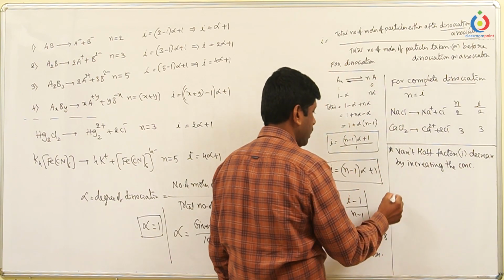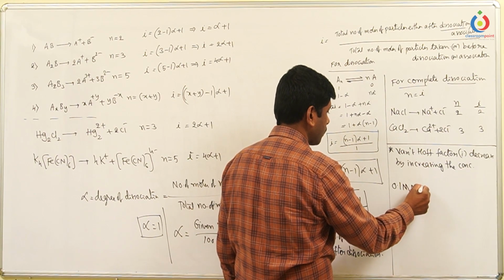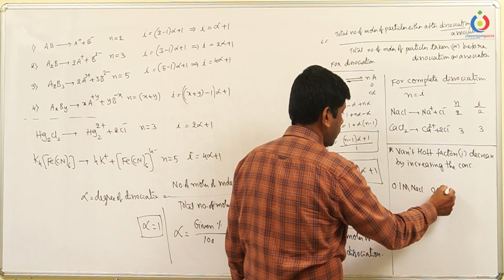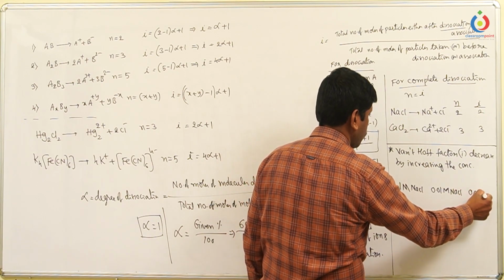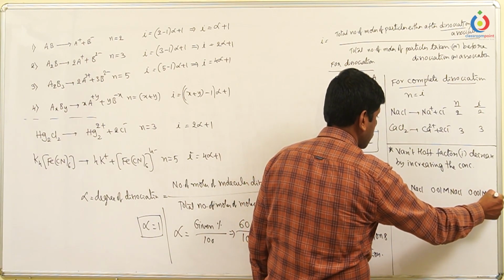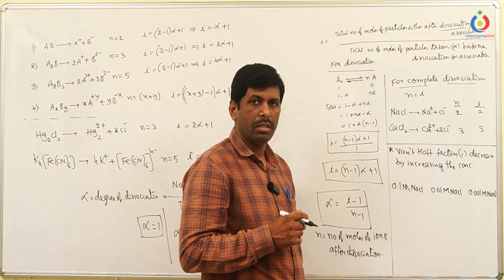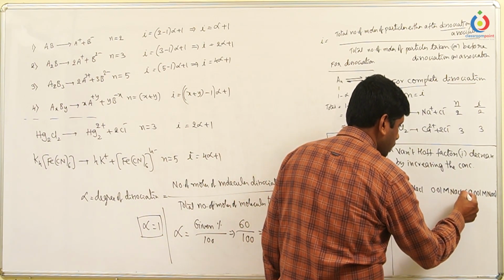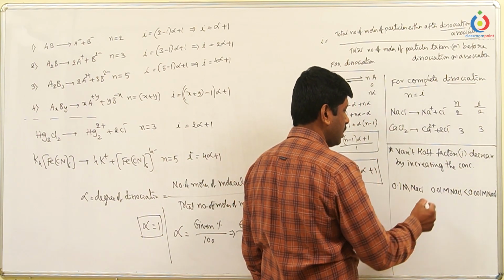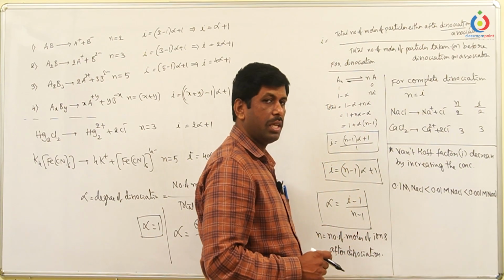For example, if we take 0.1 m NaCl, 0.01 m NaCl, 0.001 m NaCl, whichever has the lower concentration has the higher Vant Hoff factor. So the Vant Hoff factor is highest for 0.001 m NaCl, next 0.01 m NaCl, next 0.1 m NaCl.